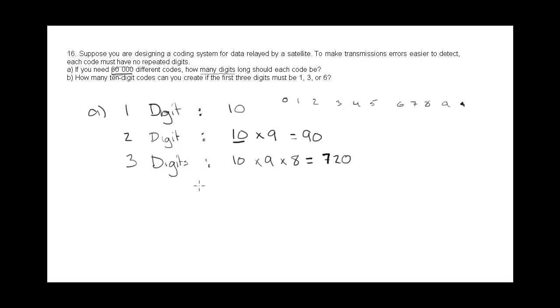So now you're just going to keep adding to this, right? 4 digits. We're just going to keep adding a digit until we get a product which is at least 60,000.